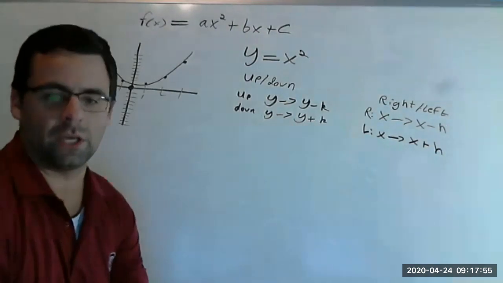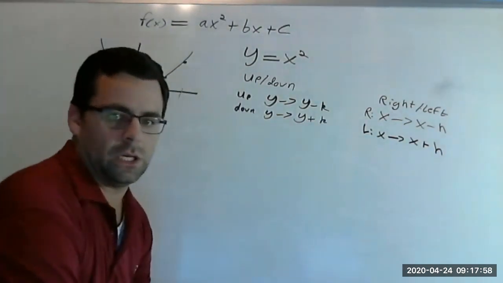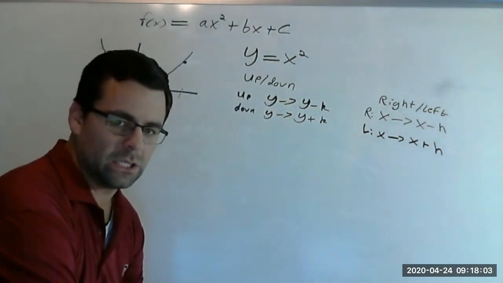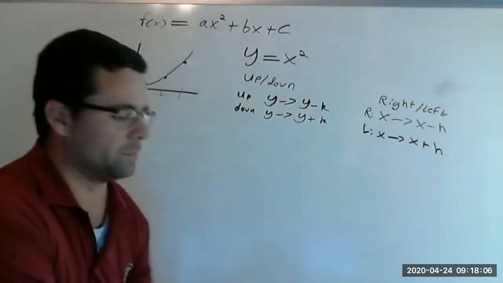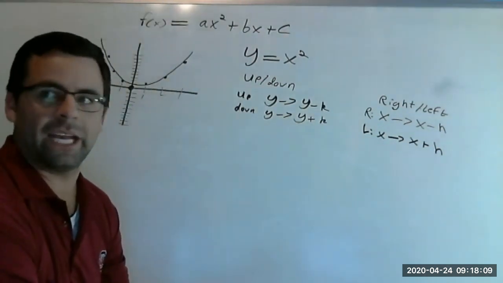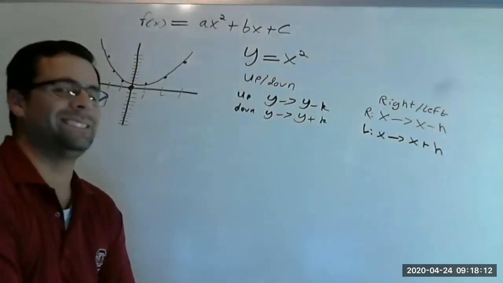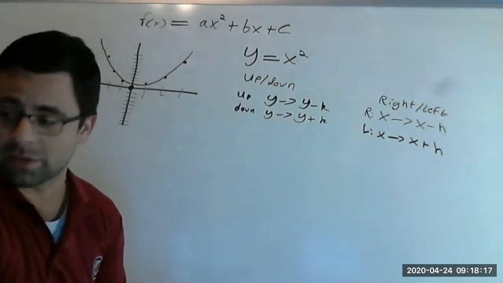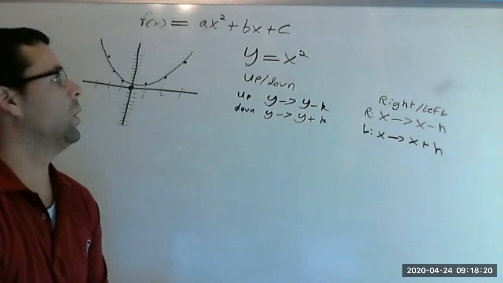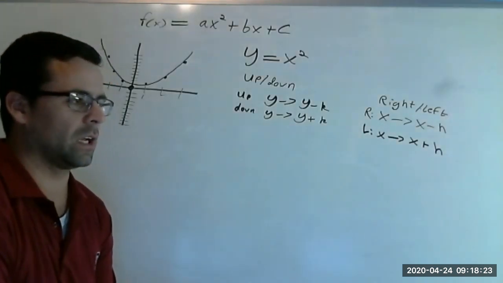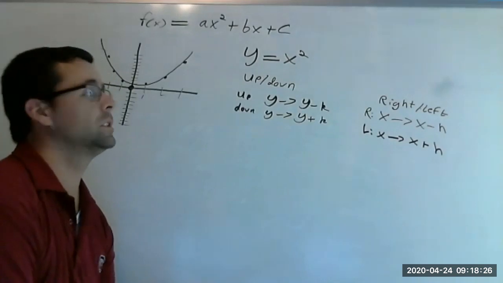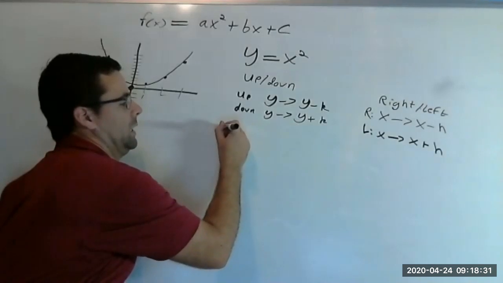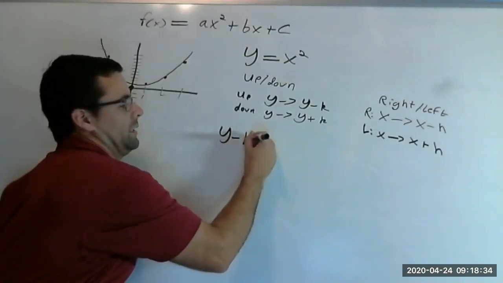All right, so if we plug these in, we can kind of assume that moving something down is the same thing as moving it up by a negative number, which I know sounds weird. What we can do is create a new form of this equation. So if we apply it to y, we get y minus k.